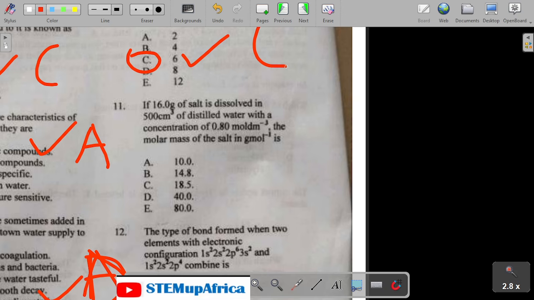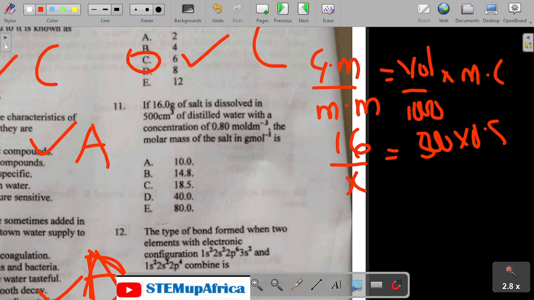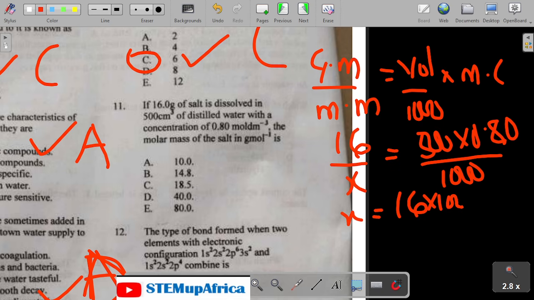Given mass over molar mass equals volume over 1000 times molar concentration. So I have 16 over x, which is the molar mass, equals 500 times 0.80 divided by 1000. So x is 16 times 1000 divided by 500 times 0.8. This is one method to do it.